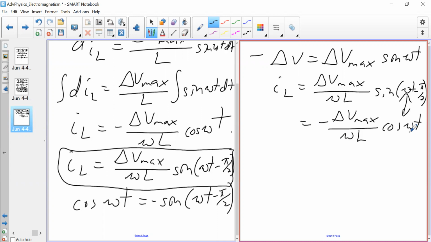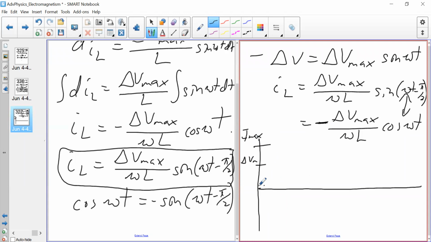So I'm going to quickly draw this, and we can continue next time. The current is going to lag by pi over 2. That's why this negative pi over 2 is here, the mathematical description. So there's I max, delta V max.